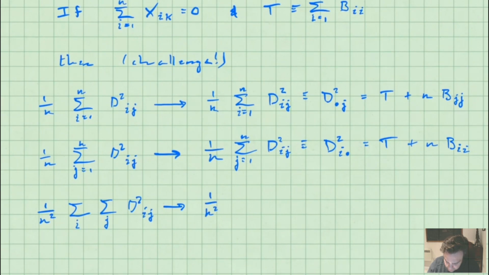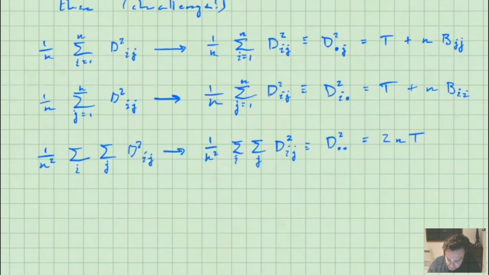So this is 1 over n squared, sum over I, sum over j. This is just the defining thing. And so this I'm going to define as d dot dot. Dot just means you sum over an index. And this thing is equal to 2n times t.